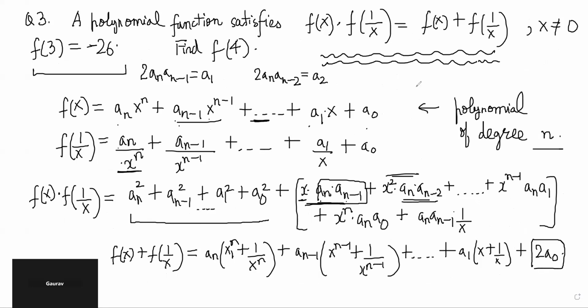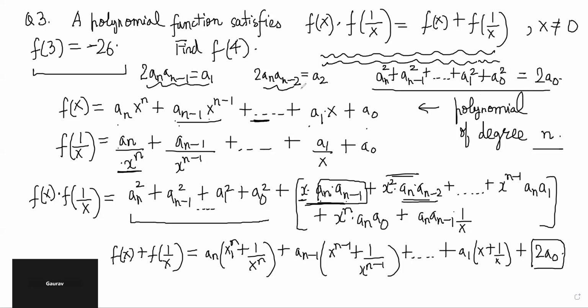So you're also getting an square plus an minus 1 square, so on till a1 square plus a naught square is equal to 2a naught, right? So you're getting many equations, right? Many equations are coming like this, and one equation for constant terms also.